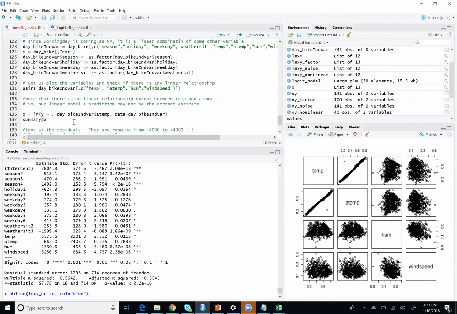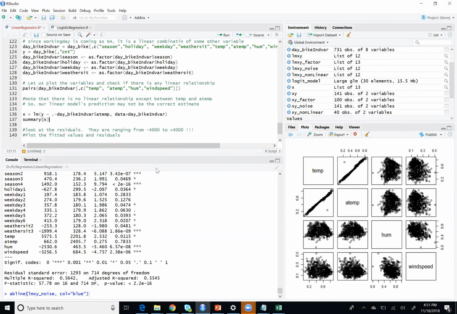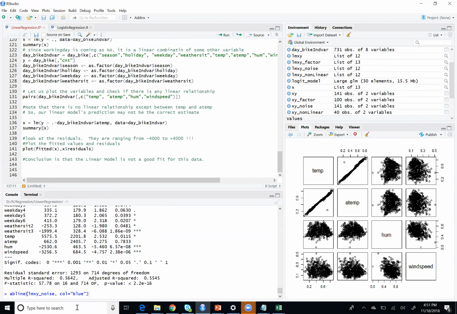So I'll send you this particular code, go through it in detail, and then try to improve the accuracy of it by removing certain fields based on the summary of your data. Once you see that the summary of the data points out other things, then you can remove those things and reevaluate your algorithm. Any questions on this so far?